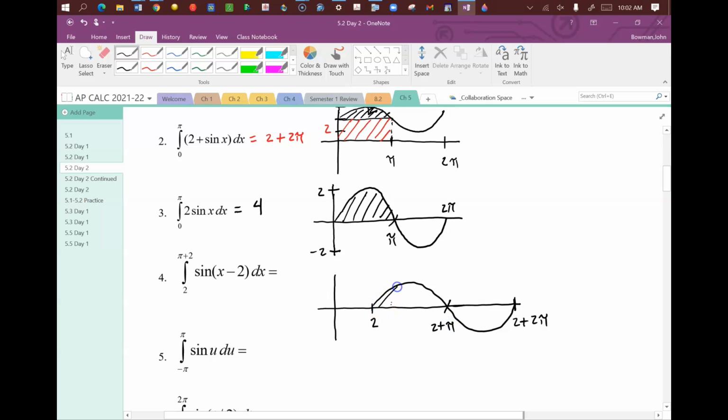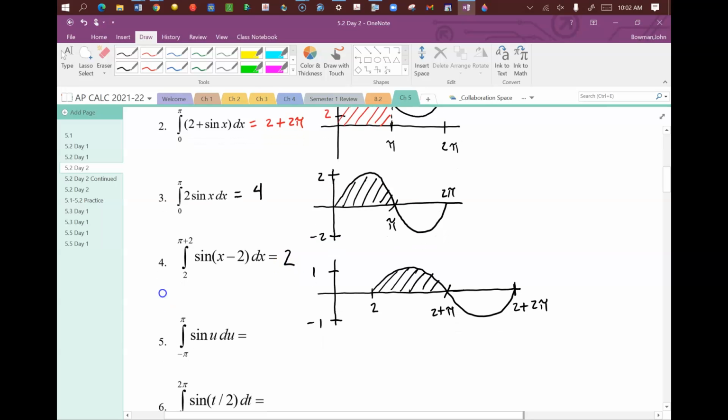So we are finding this area right here. Again, we still have a minimum of -1 and a maximum of 1. All we did was shift that sine function over to the right 2 units. A shift or a translation has no effect on the area, so that area will be 2.